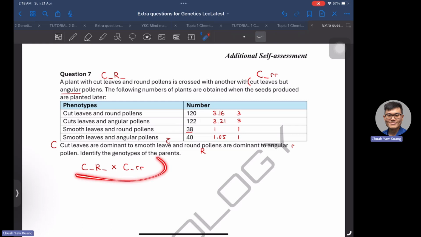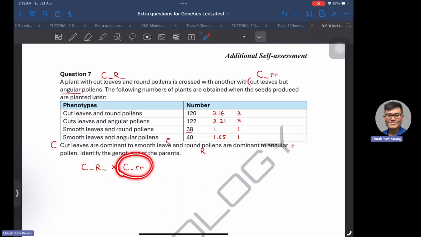Based on the parental genotype, we can confirm that this is not a linked gene. Why? Because for a linked gene, it has to cross with the homozygous recessive individual.